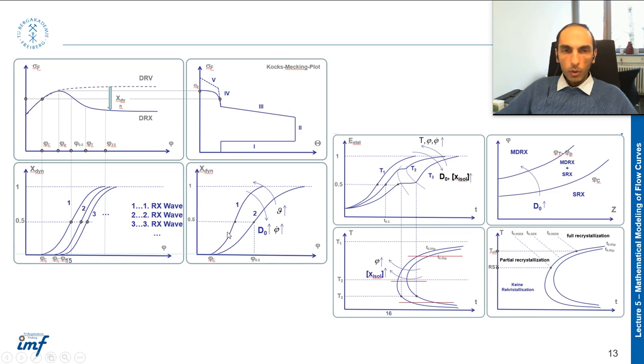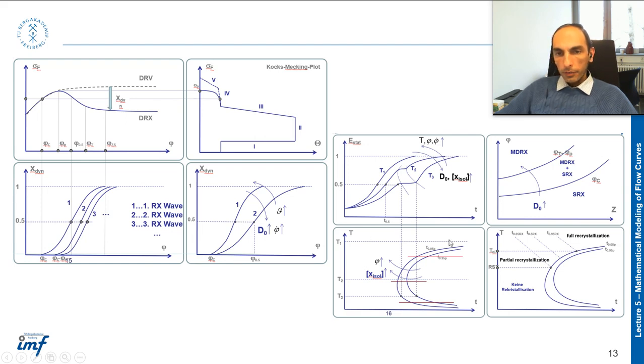Or if you consider a constant fraction of dynamic recrystallization, 50% here, if you increase the temperature and strain rate, then you will reach this point for 50% of dynamic recrystallization sooner.